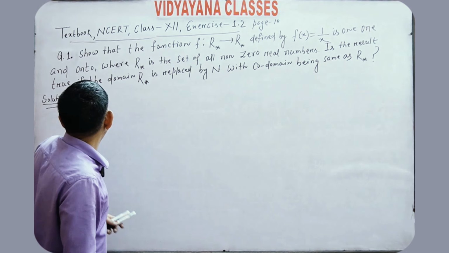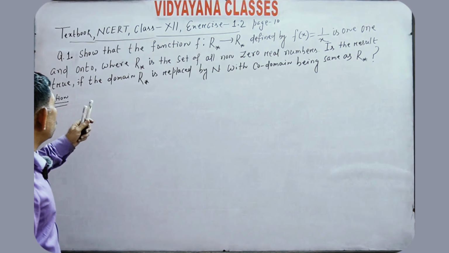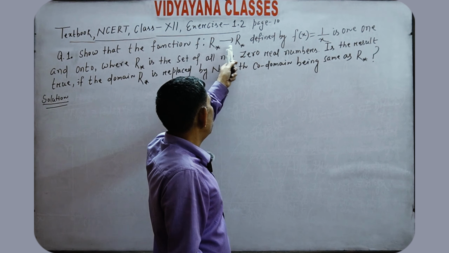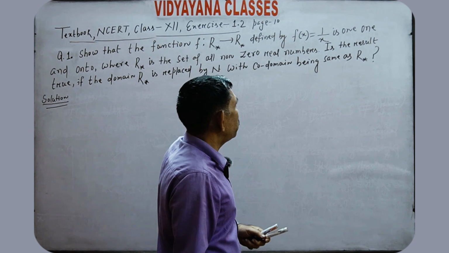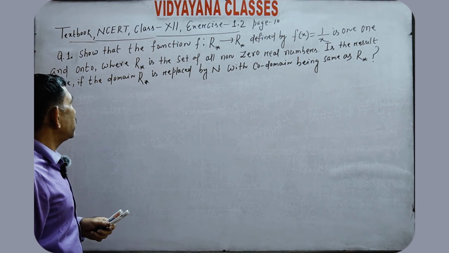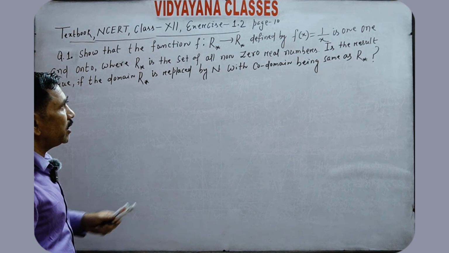Next question. Question number 1. Show that the function f such that R star to R star defined by f(x) equal to 1 by x is one-one and onto, where R star is the set of all non-zero real numbers.